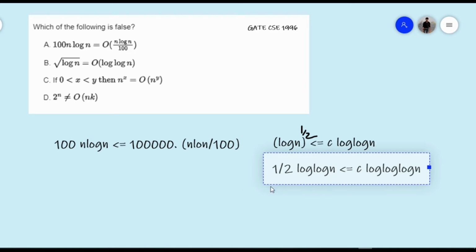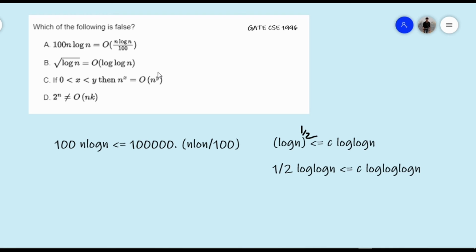Let's go for option C. In option C, what they are saying, there are two functions, n to the power x and n to the power y, and x must be less than y. If we take x as 1, we have to take y greater than 1, meaning 2, 3, 4, like this. So this will become n to the power 1 and this will become n square.